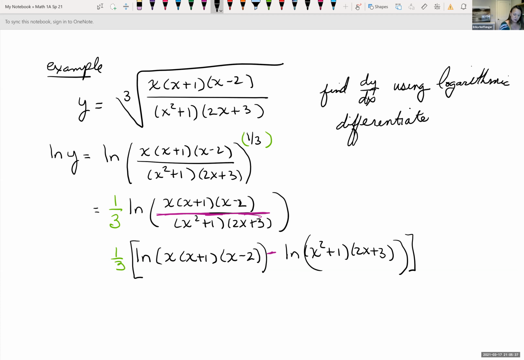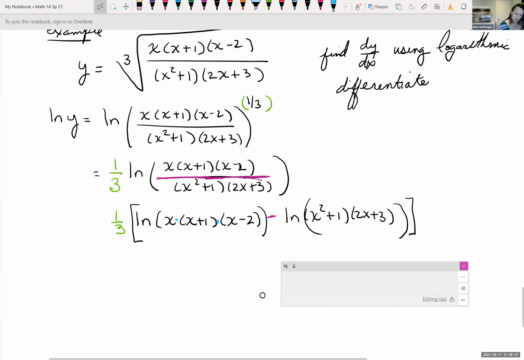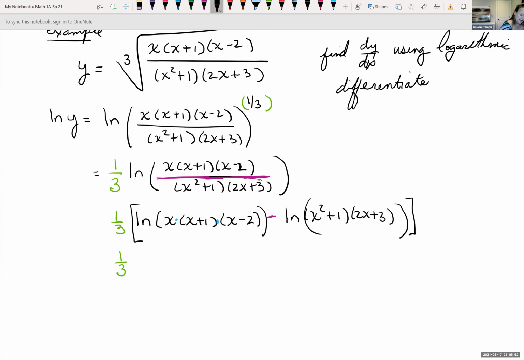So notice that that first grouping of natural logs, there's multiplication in between 3 of those things. So we can break that down as the sum of 3 different natural logs. So we still have this 1/3 out front. Here we're going to have our natural log of the first piece, ln of x, plus the natural log of the second piece, natural log of x plus 1, plus the natural log of the third piece in the multiplication, natural log of x minus 2.